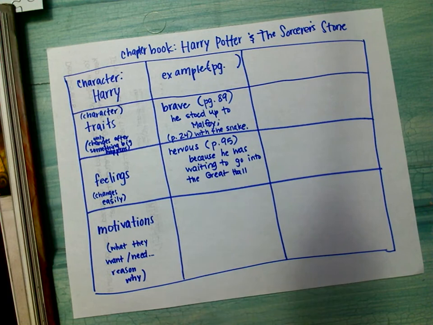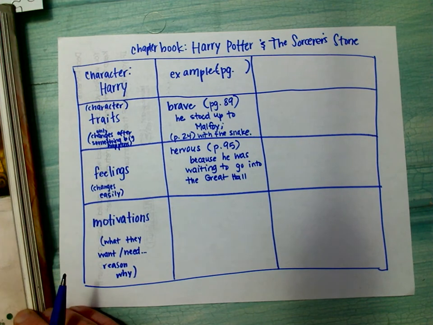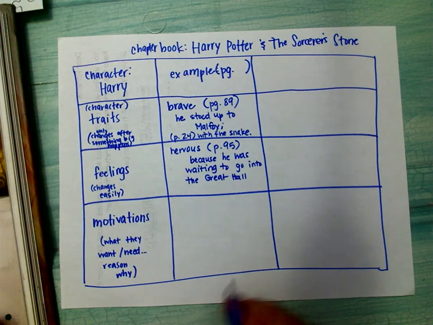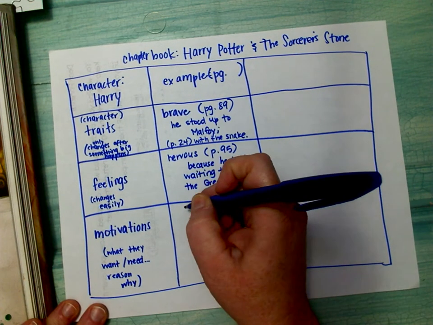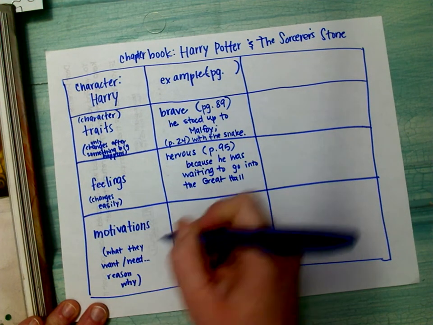All right, and my final one that I'm going to do today is the motivation piece. And so motivation again is what they want or they need and the reason why. So I am going to say that he is motivated to, what is he motivated to do? He wants to be friends. So what is motivating him?